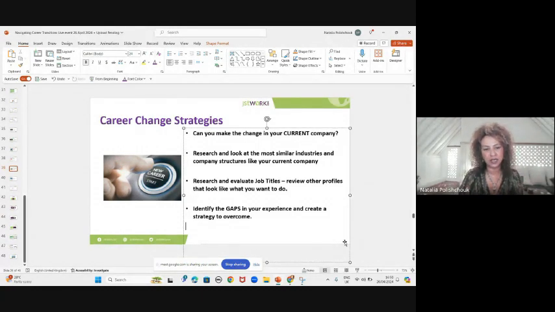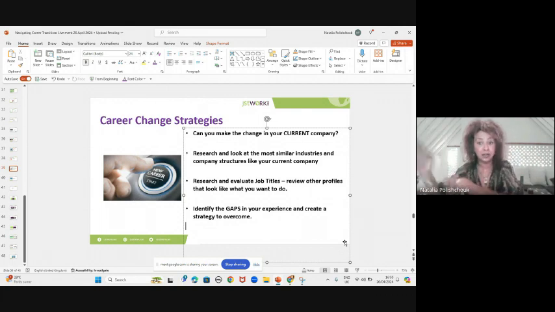Researching and evaluating the type of profiles, LinkedIn is fantastic for this. You need to understand that each job title can have so many different variations. Sometimes job titles have certain levels of experience, people, operations, your specific area of industry.